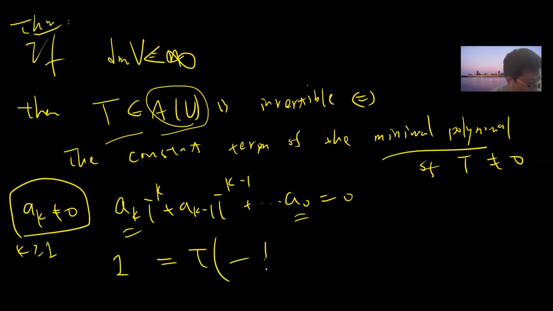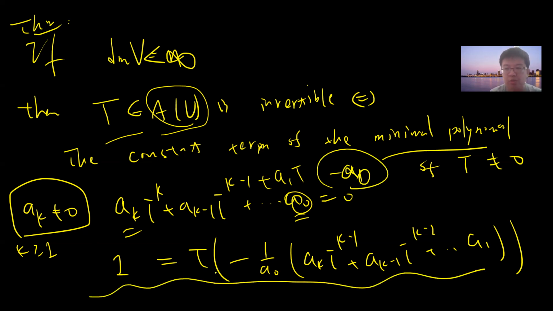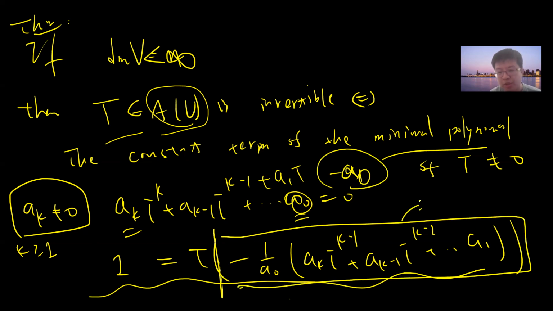Just move a_0 to the other side and divide by minus a_0, so you get 1 equals minus (a_k/a_0 T^{k-1} + a_{k-1}/a_0 T^{k-2} + ... + a_1/a_0) times T, then you pull out T. So this is basically the inverse.